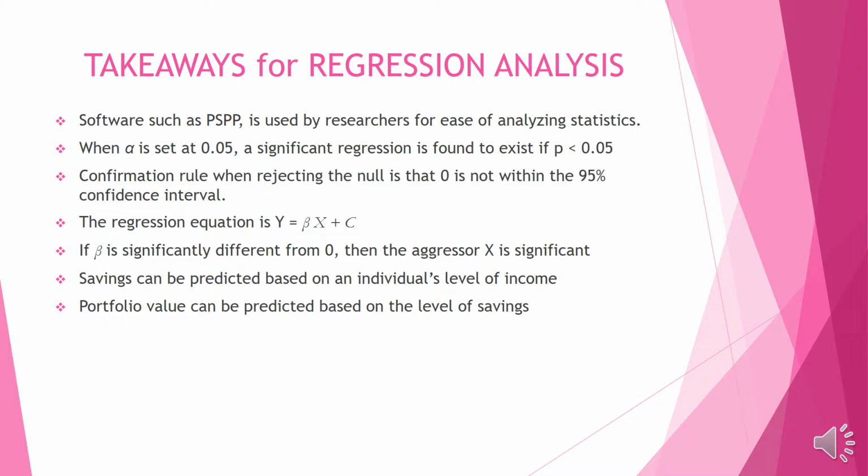The regression equation is y equals beta times x plus c. If beta is significantly different from 0, then the regressor x is significant. Savings can be predicted based on an individual's level of income given the data that we used in the analysis, and also the portfolio value can be predicted based on the level of savings.